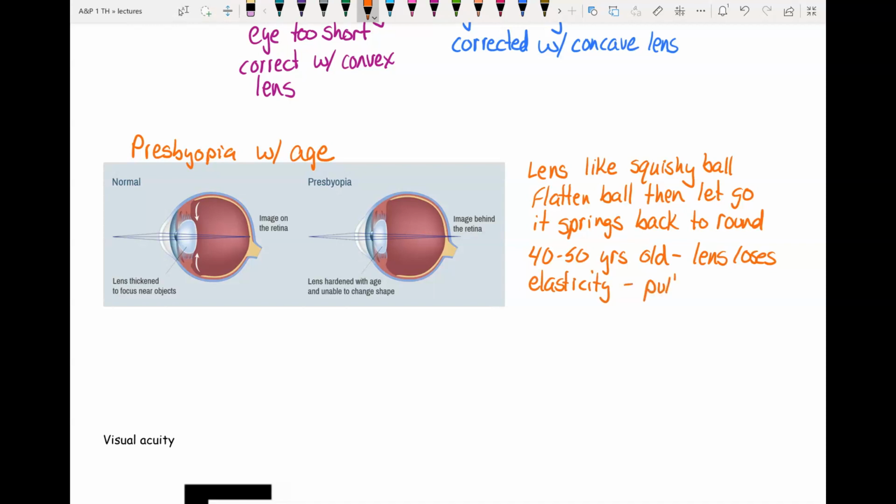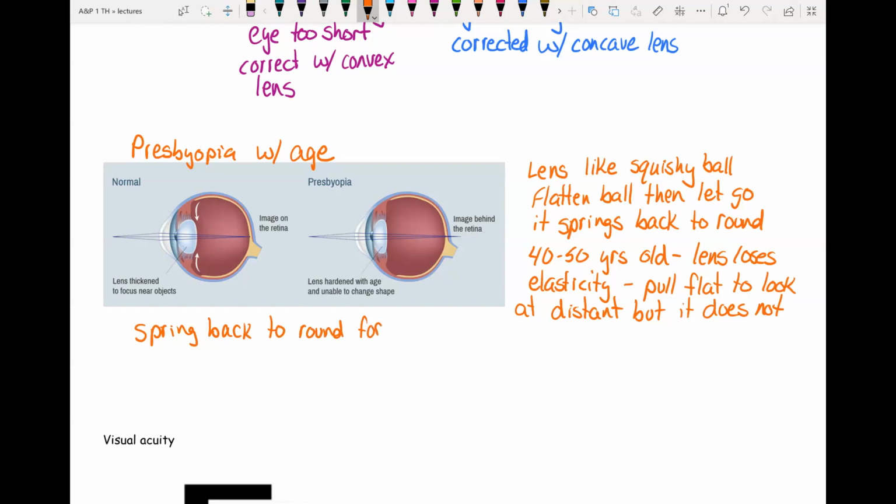So you pull it flat to look at something distant, but then it does not spring back to being round. This means that near objects get harder and harder to focus on.